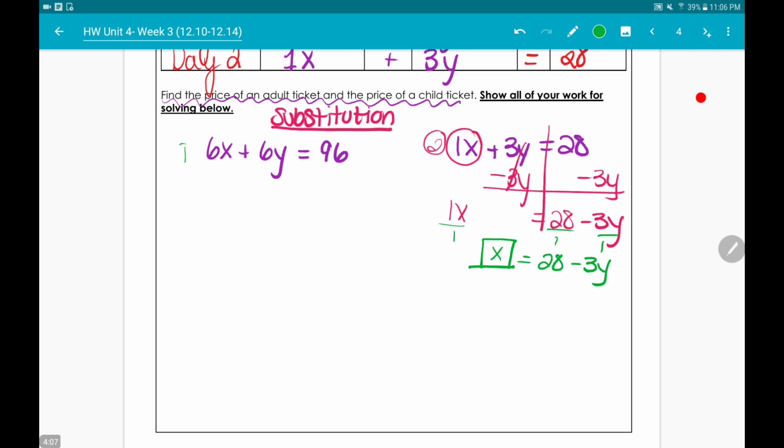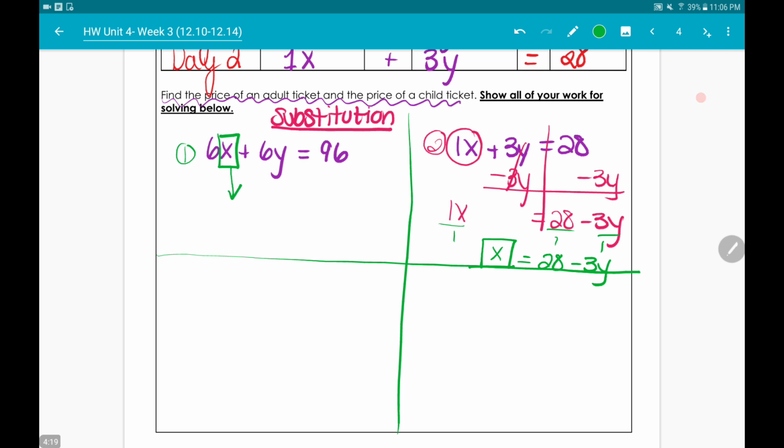So I go back to equation 1. If you remember my little organization method. I go back to equation 1 and I'm going to plug in for x. So everything else stays the same. And I'm only changing out what x was with my new equation. 28 minus 3y. Okay?